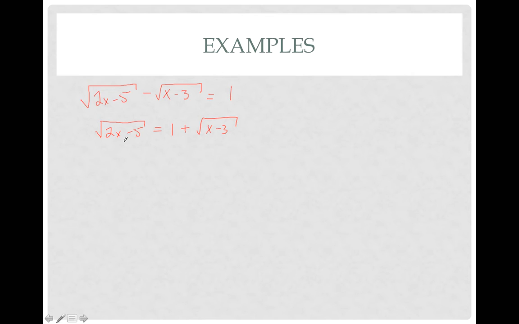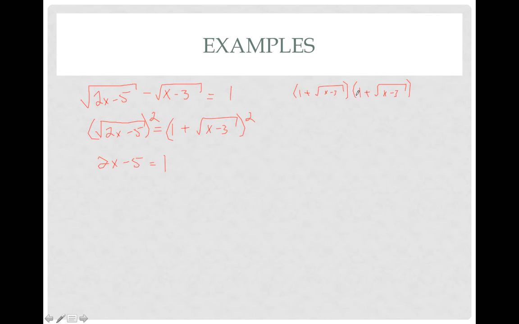Now I can square both sides, but this is what makes this problem challenging. When I square this, this becomes 2x minus 5. But this I must FOIL. So this becomes 1 plus the square root of x minus 3 times 1 plus the square root of x minus 3. 1 times 1 is 1.